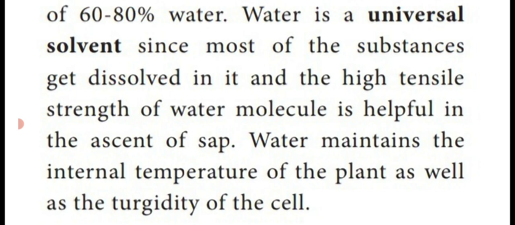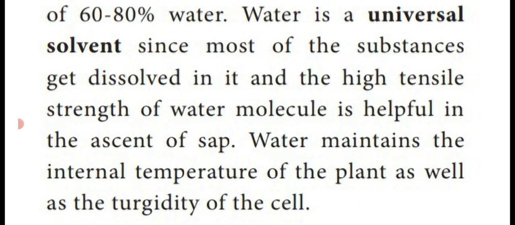So this water is not only responsible for internal and external structure and ascent of sap, it also maintains the internal temperature of the plants as well as the turgidity of the cell. What is turgidity? It means rigidity, stiffness. We all know that when the plant body does not contain water, it looks very soft in nature and looks very sad, wilted and droopy, isn't it?